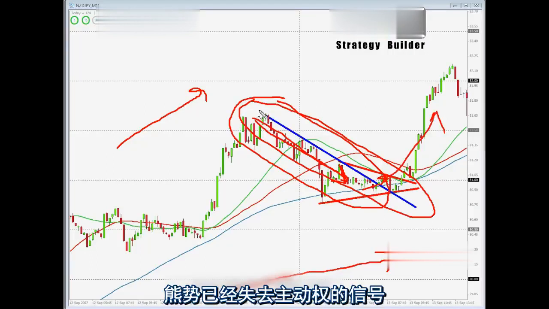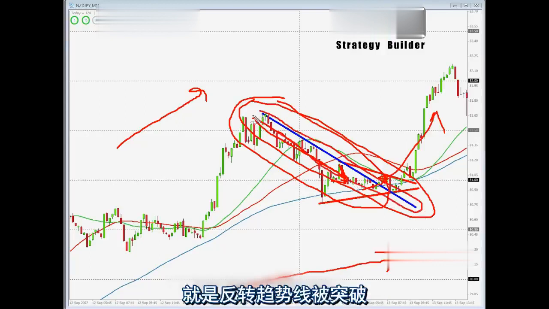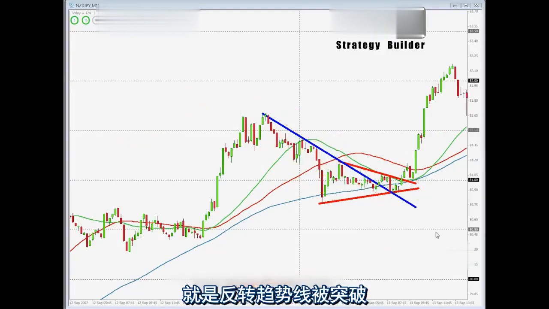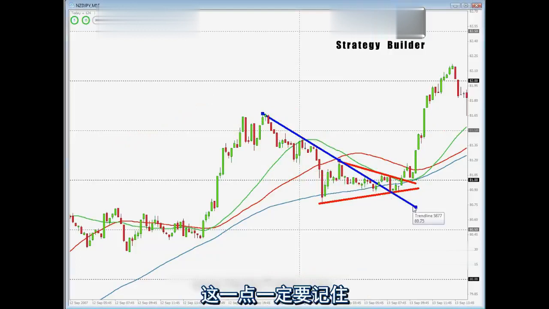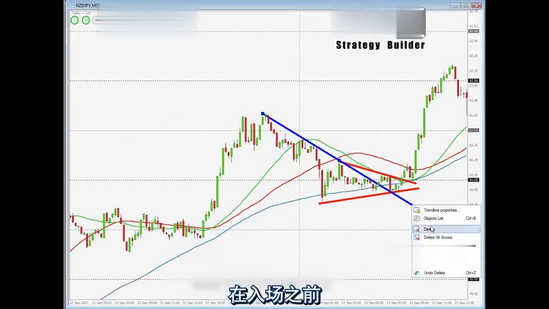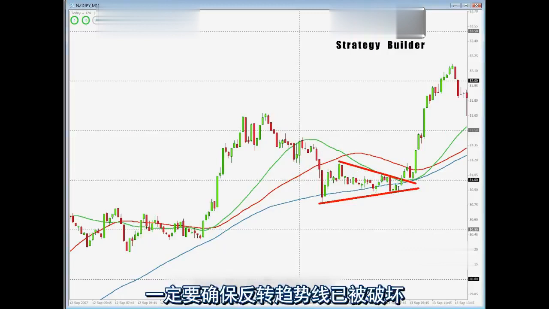The actual indication that the bears are running out of steam is the breakout of the retracement trend line. So always keep in mind, you always want the retracement trend line to give way before entering any type of trade.